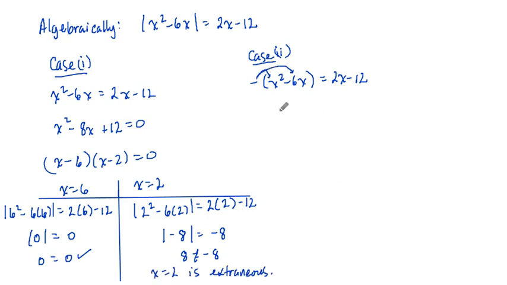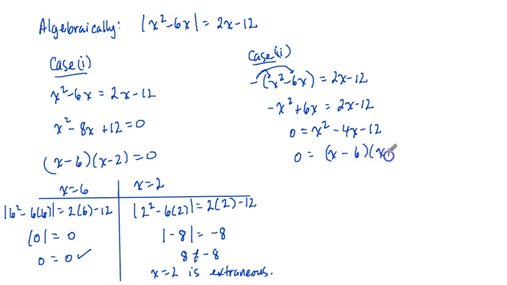For case 2, I have to distribute the negative in, so I've got negative x squared plus 6x equals 2x minus 12. Bring everything to the right-hand side so that I've got a positive x squared. Makes my factoring a little easier. And 2x minus 6x will be minus 4x minus 12. A bit of factoring gives us x minus 6, x plus 2 for the factors.